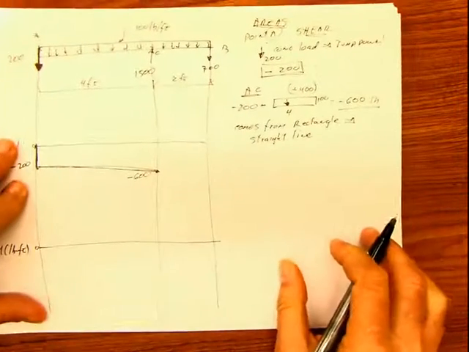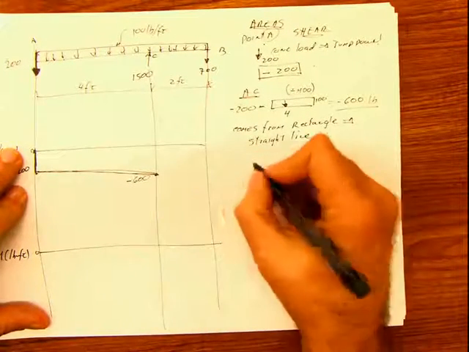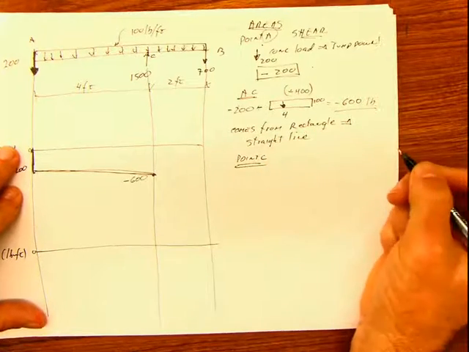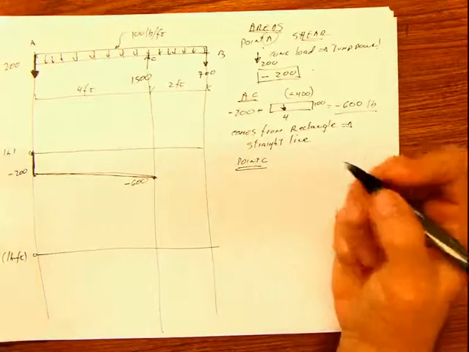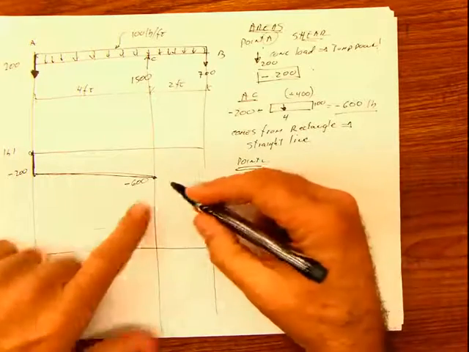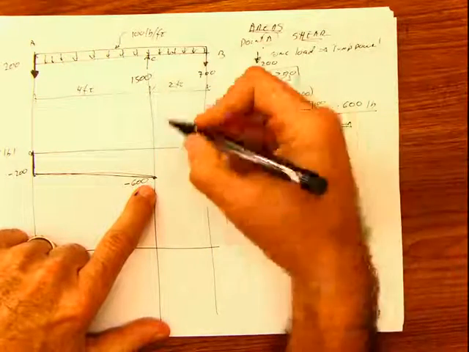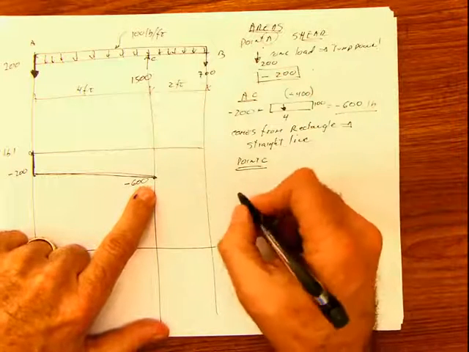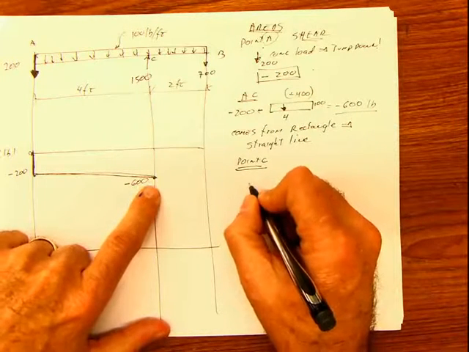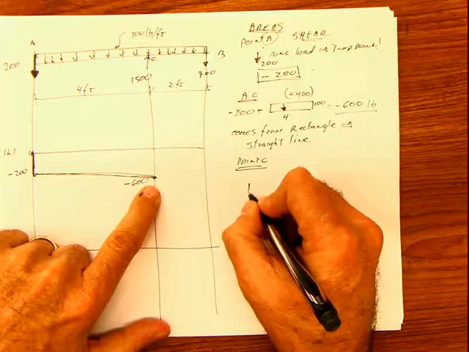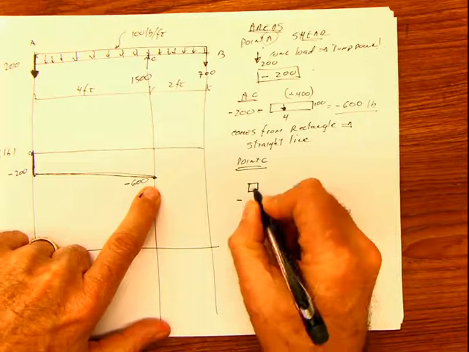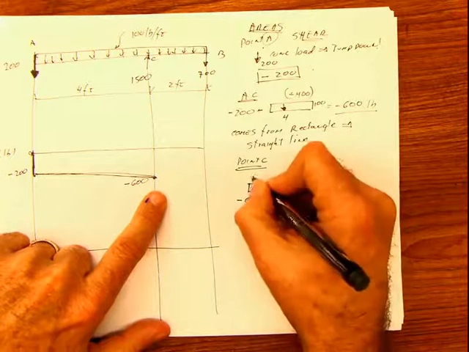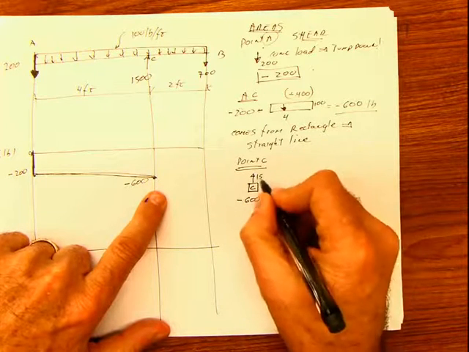Straight line. Now we go to the point C. And at the point C, you ask yourself that question: do I have any concentrated load pointing in any direction applied at that point C? And the answer is yes, we have a concentrated load at C. That means that at C, I have a negative value of 600 here, and I found a force of 1500 up.